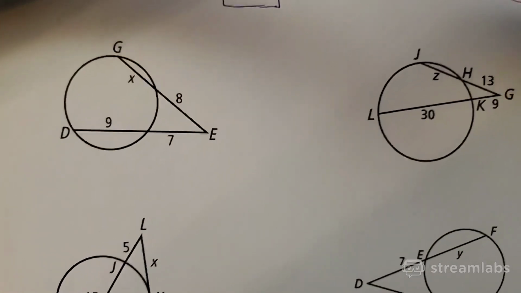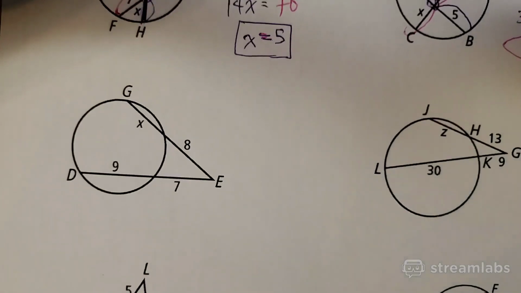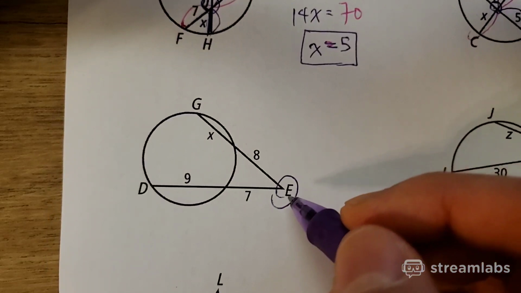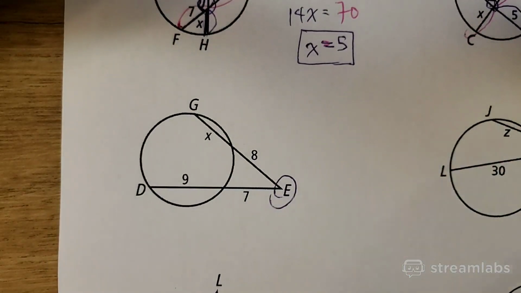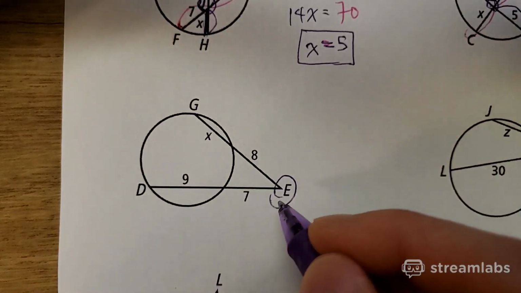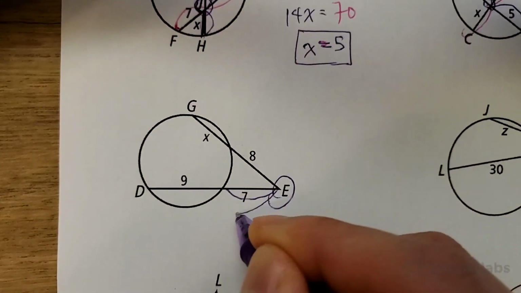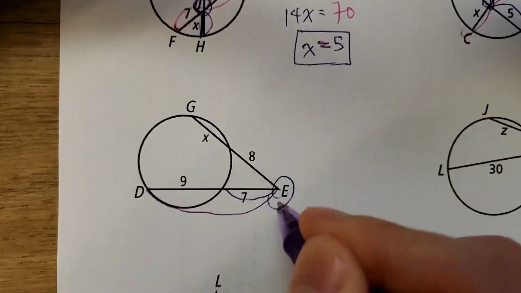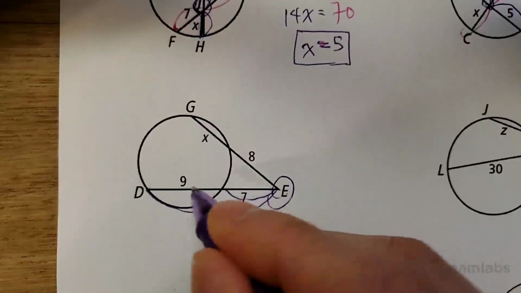Okay. So next one, look at this one. So intersection is here, right? Before you start, you have to be careful about this kind of problem because it's this times the whole thing, right? So intersection to the circle, okay? Not intersection to circle, circle to circle, okay? So intersection to the whole circle. What's the whole thing here? 7 plus 9, right?